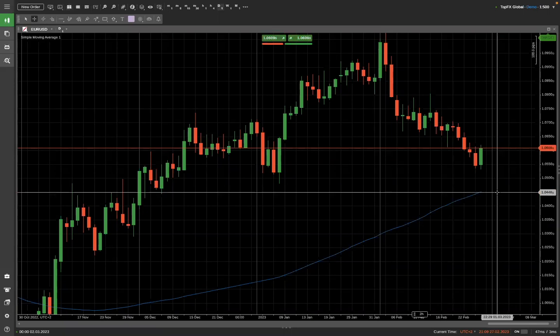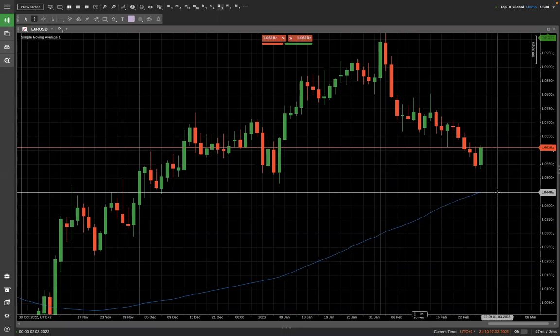Yes, this is the moving average right now for the euro dollar on the daily time frame chart. In a trading strategy, a trader should focus on buy trades when the price is trading above the moving average. I'm choosing the 100 days moving average, of course.